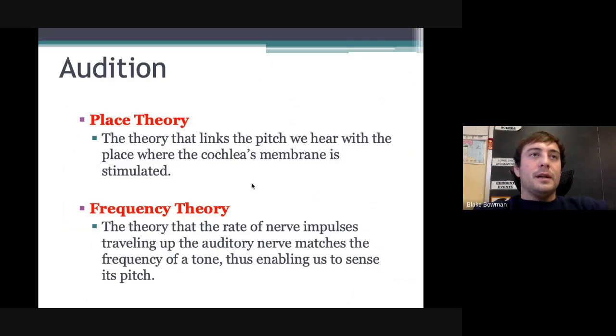All right, so place theory is an idea where our cochlea vibrates at a point where we understand different types of pitch, whether it's high or low pitch, with a location in our cochlea.